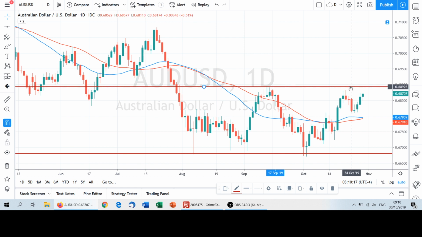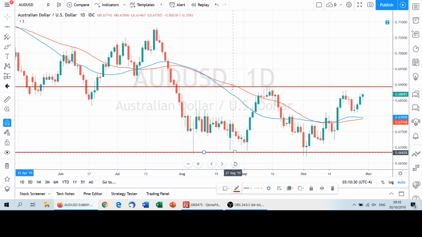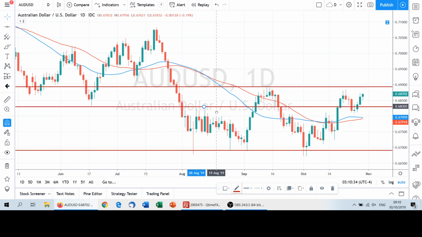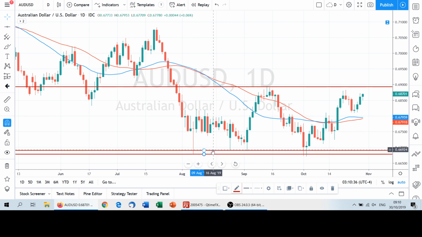We got to 68.95, and from there we started falling again, only to find support around the same previous bottom. Very close to it. We have five daily lows between the 70s and the 90s. Let me show you. It's a very tight area here.